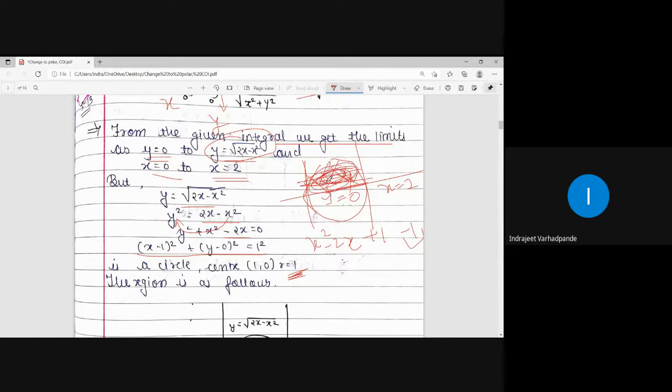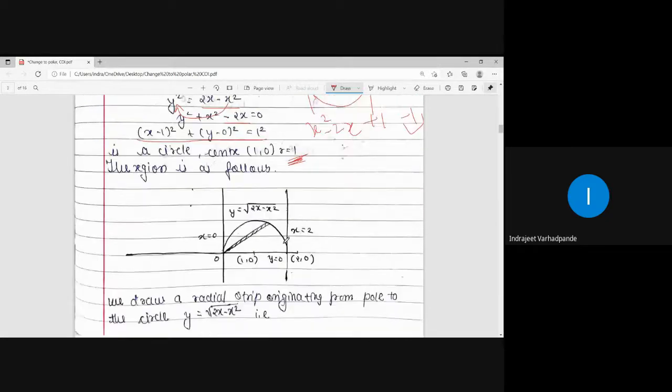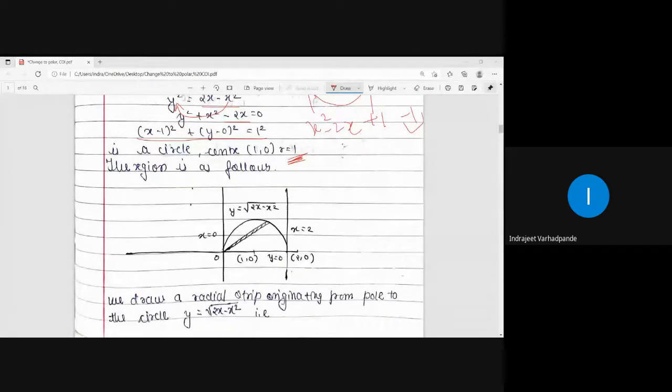So this is only the upper half portion wherein the overlapping or merging of all the regions is there. So boundaries are defined and we interpret this upper half, the semicircle, as the given region. This is the radial strip which will be drawn in the semicircle.